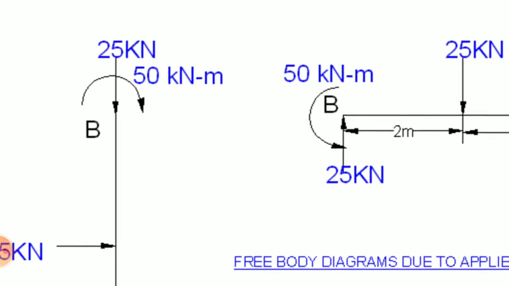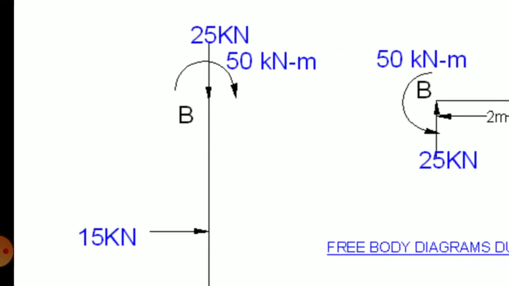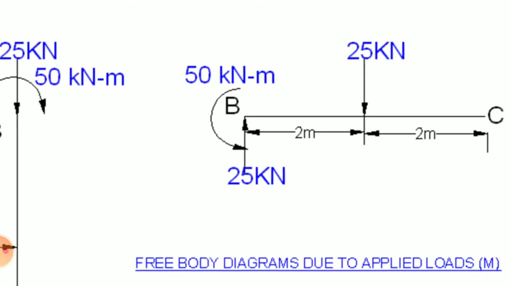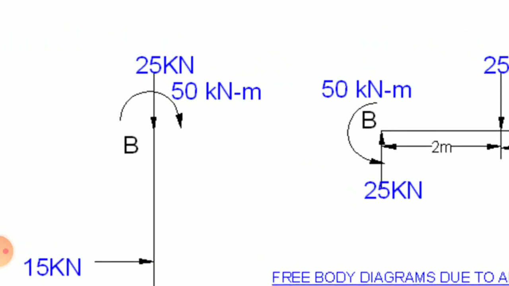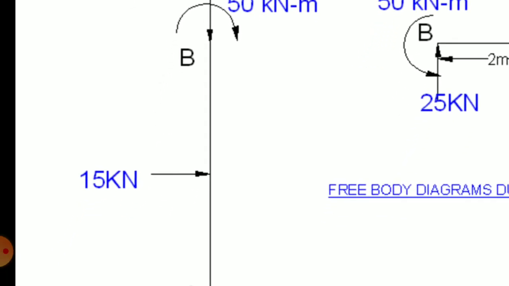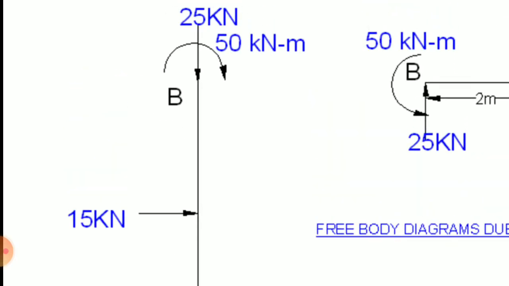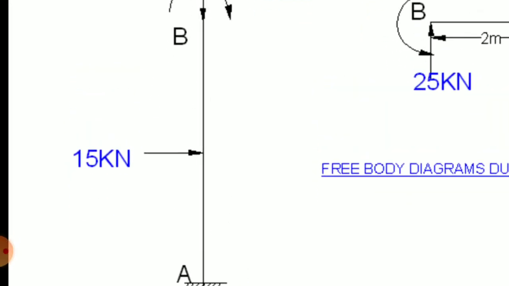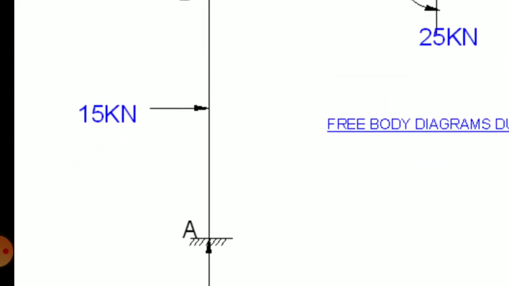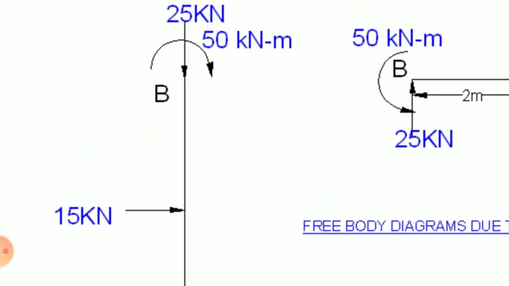In the beam it is anti-clockwise, here it is clockwise. The column is subjected to the forces 25 kilonewton axial, 50 kilonewton lateral, and 50 kilonewton meter moment.